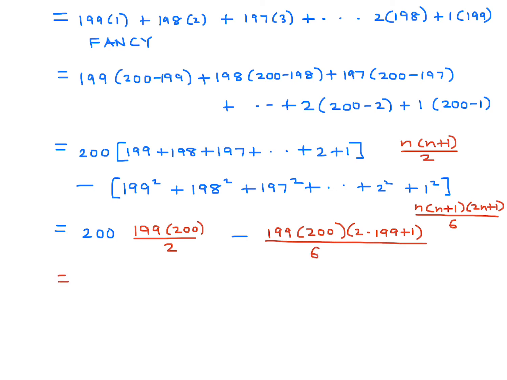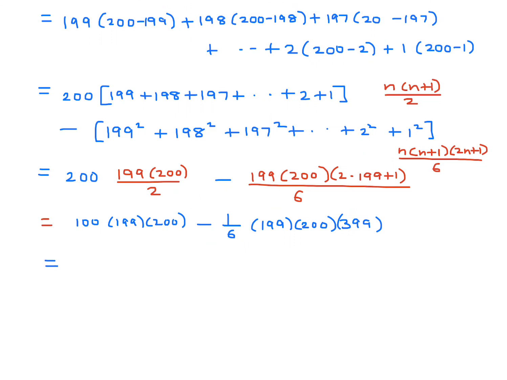So as you can see, this is much more workable. So let's do this math now. So it looks like 100 times 199 times 200. And this is 1/6 times 199 times 200, and that's 399. Okay. Let's see here.